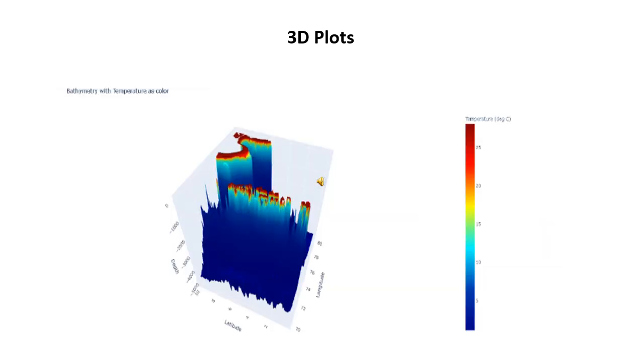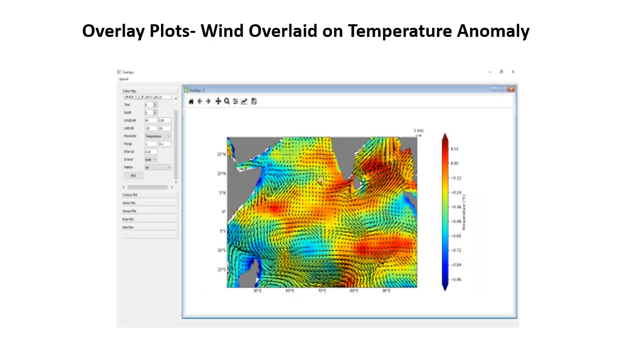Another example of a 3D plot with bathymetry data is shown over here. The temperature data is depicted here. An example of the multivariate analysis, that is using the overlay plots, is shown over here.